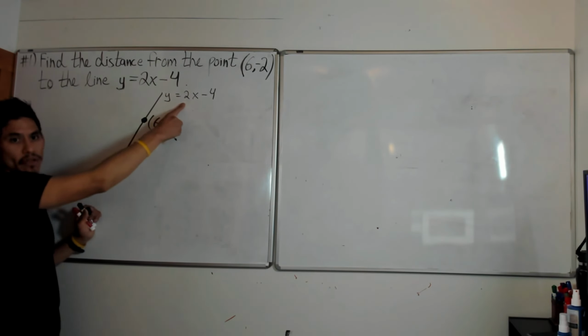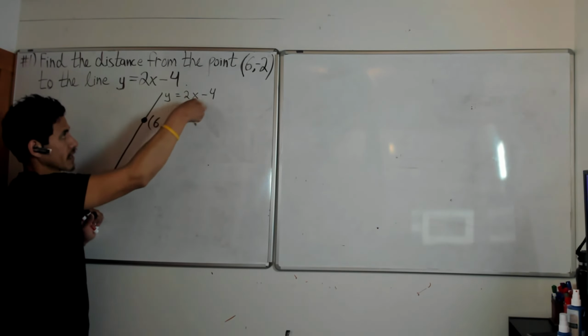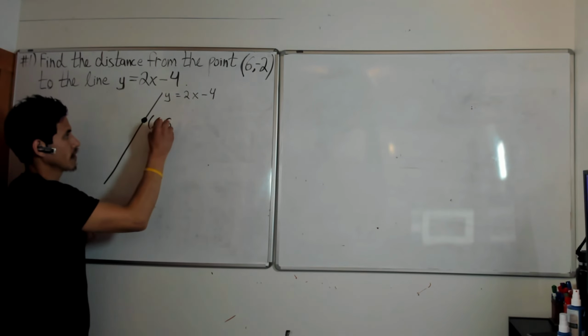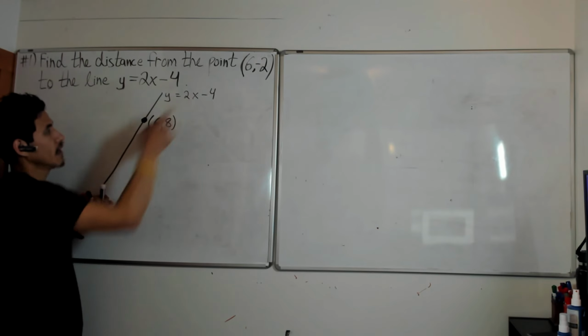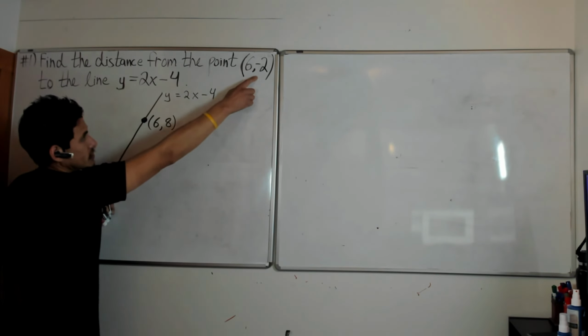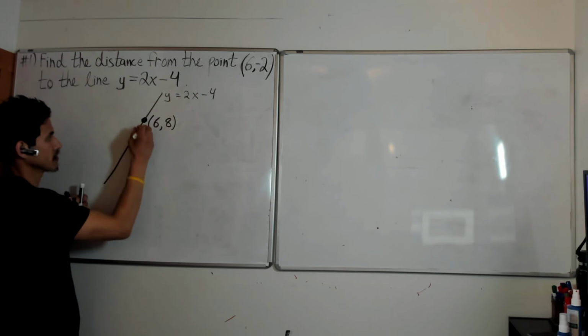If I plug in 6 here, I'll get 12 minus 4, so I'll get 8. So on the line, we're going to have the point (6, 8). And since we're looking at the point (6, -2), we know that it is going to be below it.